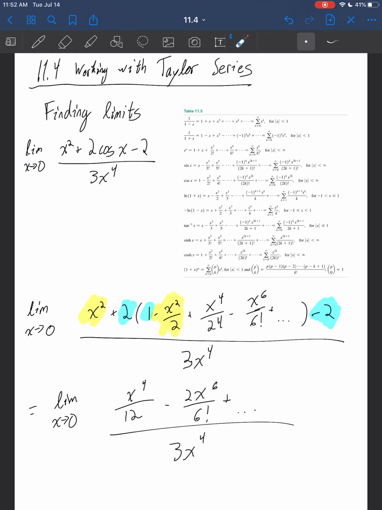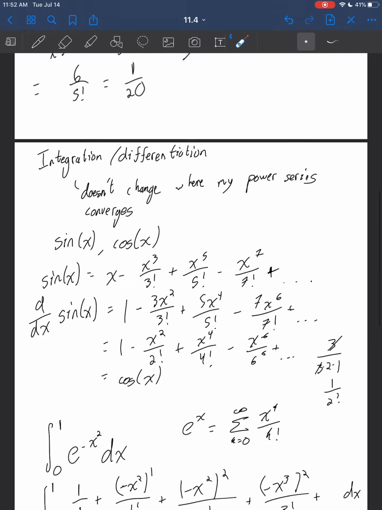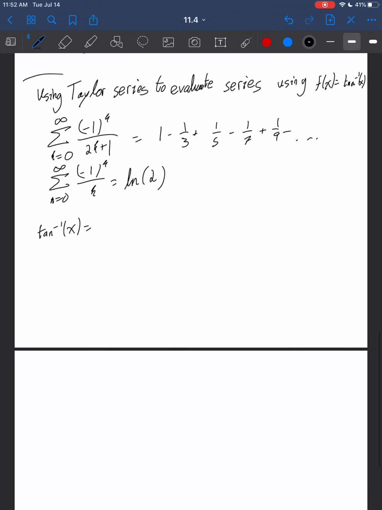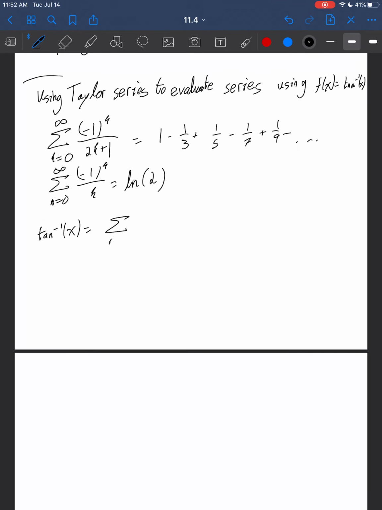So this seems like a promising thing to use because we have this 2k plus 1 right here. So this is the sum, k equals 0 to infinity, negative 1 to the k, x to the 2k plus 1 over 2k plus 1.